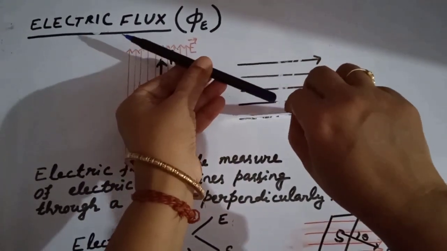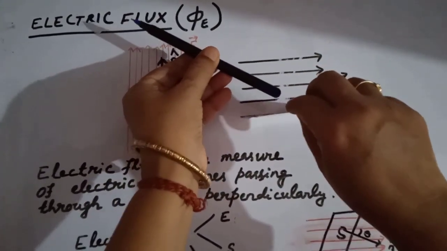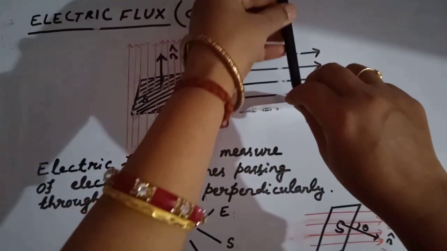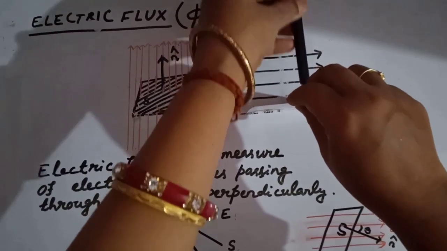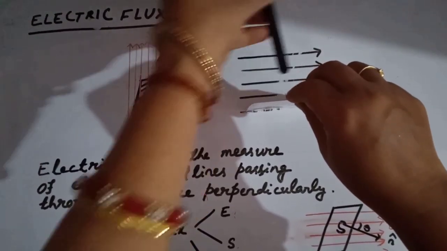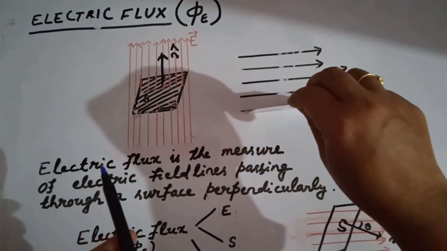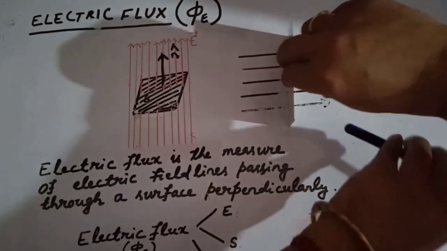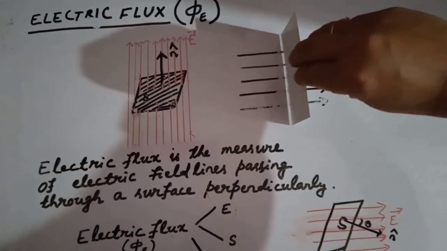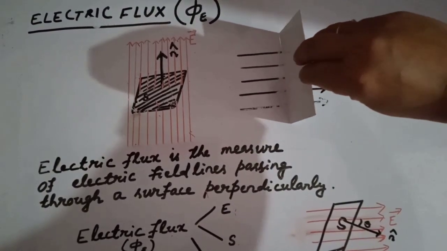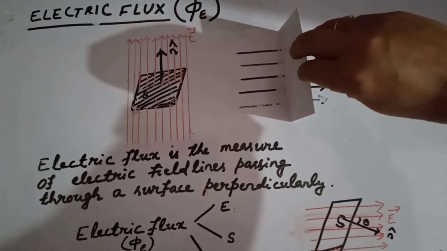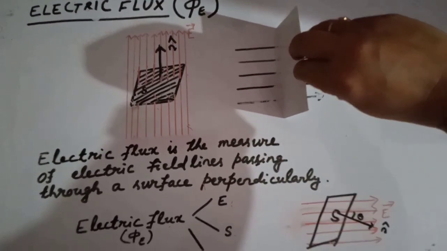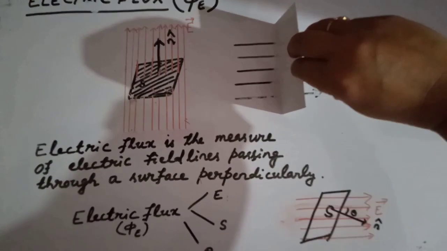Now in this case, if the surface is like this, then the angle between the area vector and the electric field is 90 degree. When the angle is 90 degree, you see no field lines pass. When the angle is 180 degree, or for this side 0 degree, then maximum field lines pass. So the flux through this surface depends upon electric field strength, area of the surface and the angle.